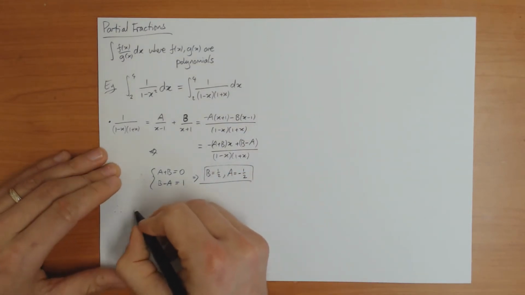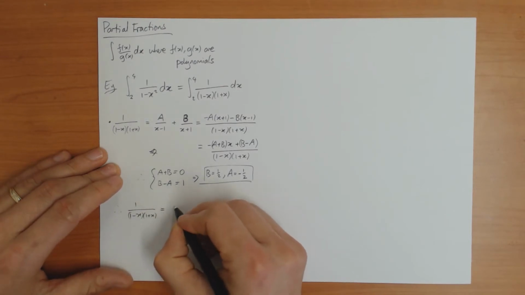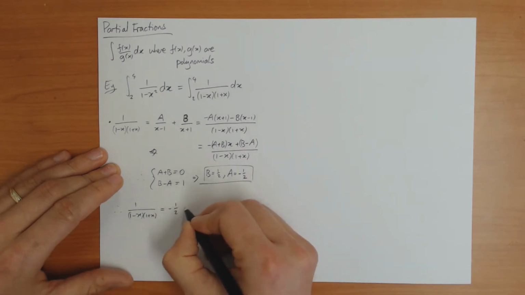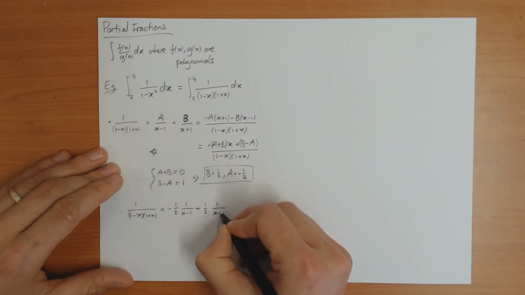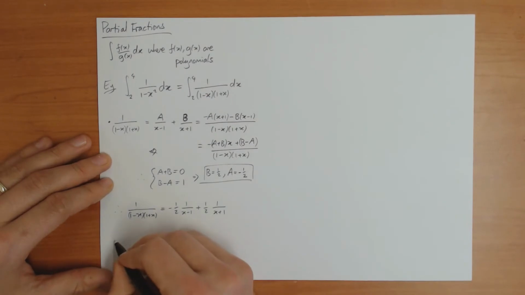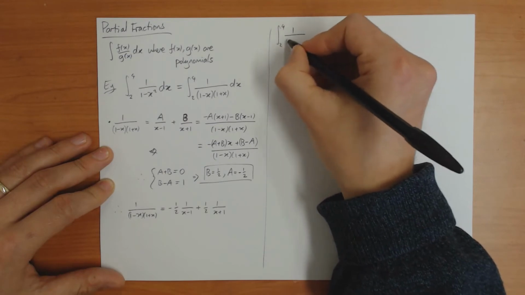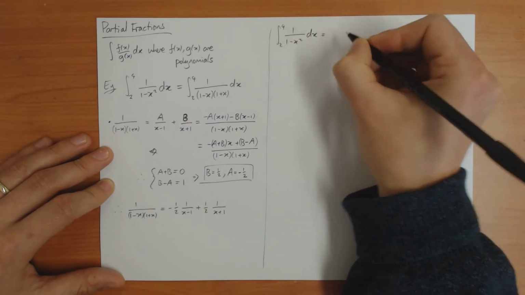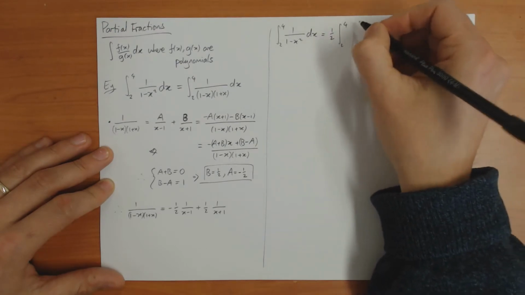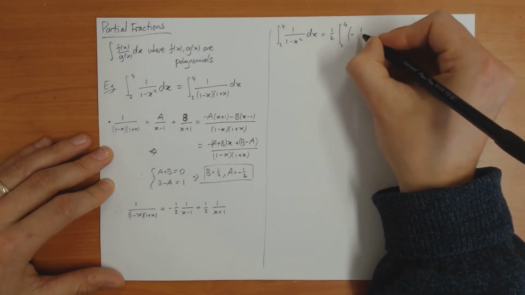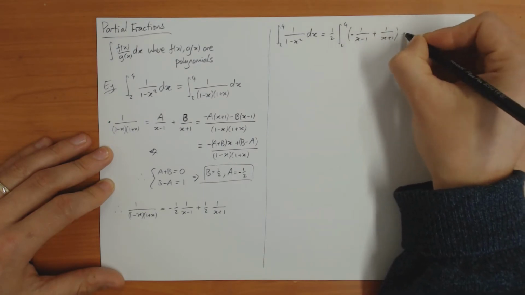So in other words, what we've shown is that 1 over 1 minus x times 1 plus x is equal to minus a half 1 over x minus 1 plus a half 1 over x plus 1. Now we can put that into the integral. The integral from 2 to 4 of 1 over 1 minus x squared dx is equal to, taking a half outside, the integral from 2 to 4 of minus 1 over x minus 1 plus 1 over x plus 1 dx.